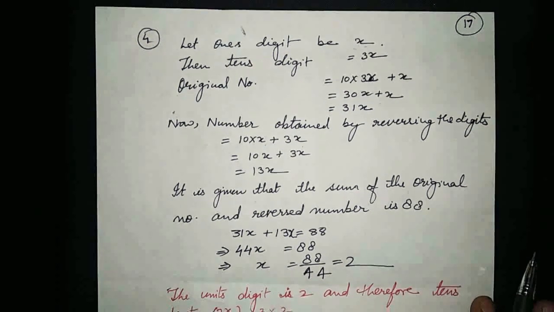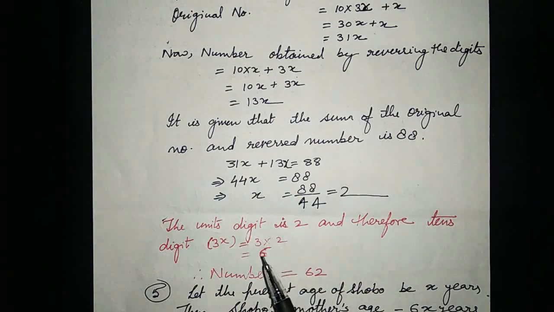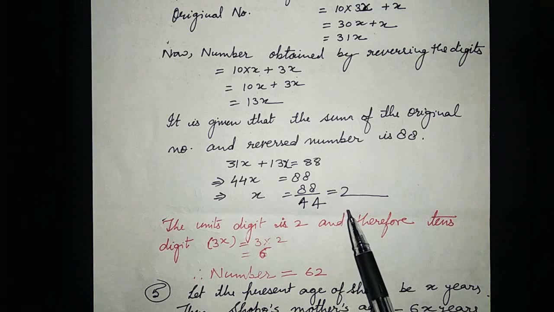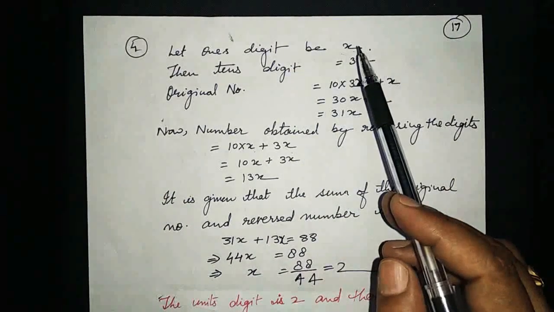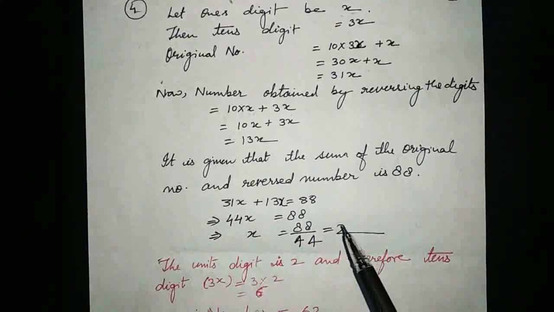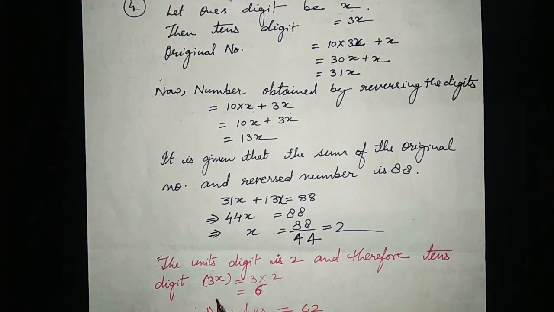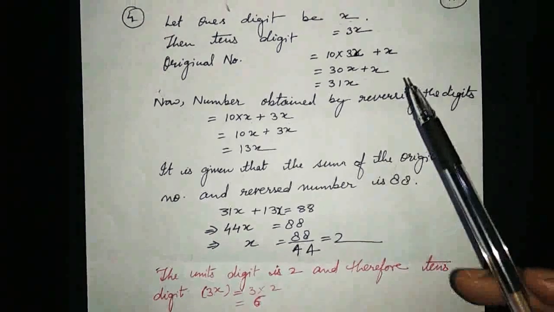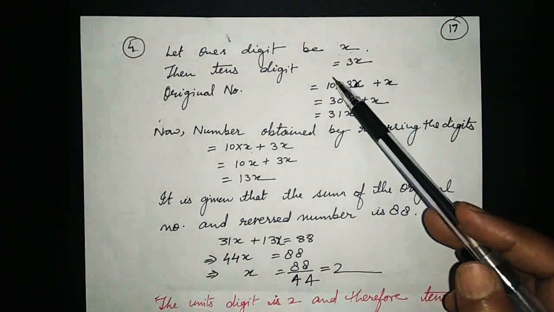Now you can see you have got the units place digit, and it is 2. So the tens place digit we can find out. If the ones place digit is x and it is coming 2, then for the tens place, what will we do? We will put the value of x in 3x.